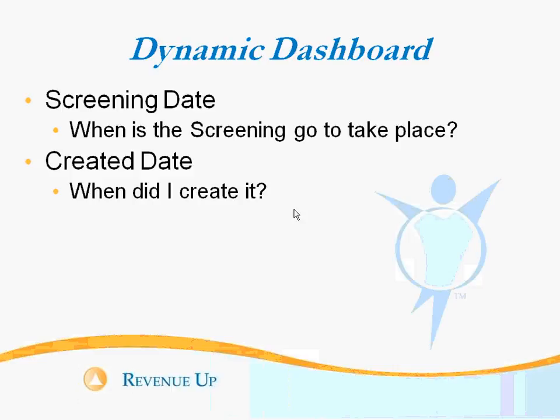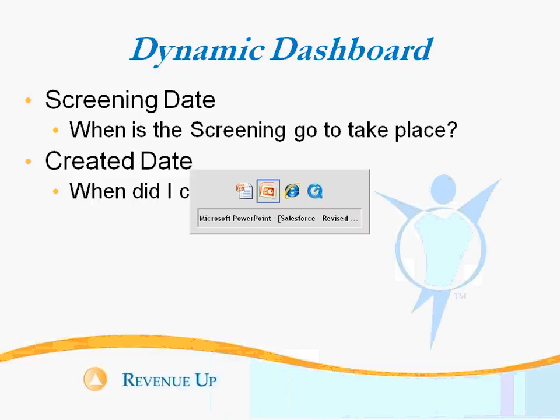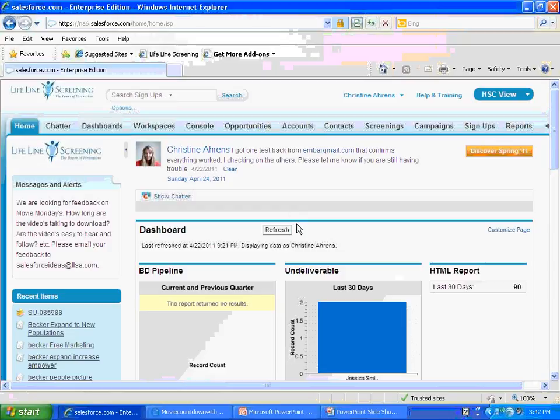It could be for a time frame that isn't determined, or we determine it, but isn't shown. So a created date is when I entered it into the computer, and the screening date is actually when the participants are going to come and get screened. All right, so as simple as that may sound, that's really important as we go back over to take a look at these dashboards. All right, I want to make sure everybody's all using the same dashboard, so let's come over here and click on Customize Page.